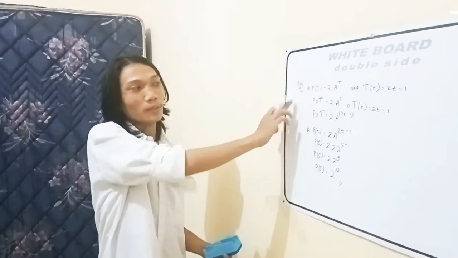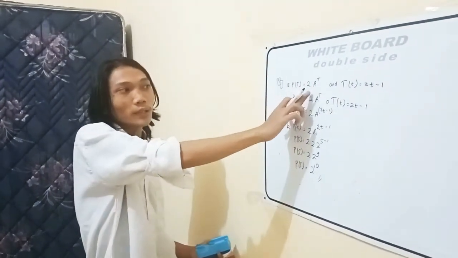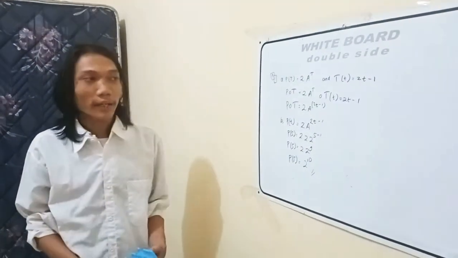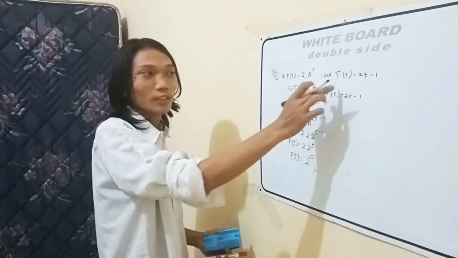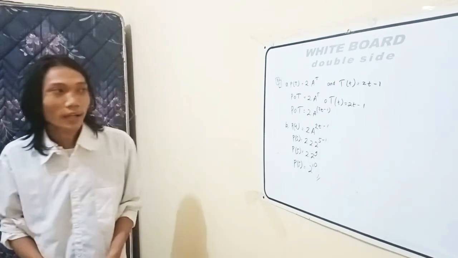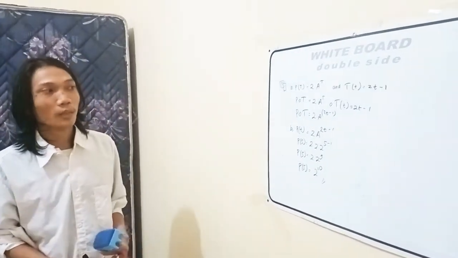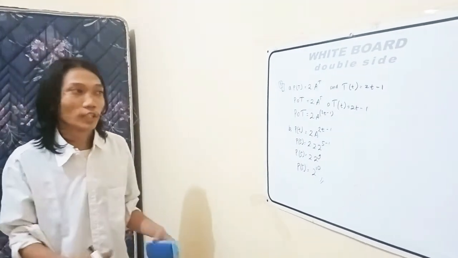From the problem, we know that function P(t) is equal to 2 times a over t, and function t(t) is equal to 2t minus 1. To solve the problem, we need to apply the composition function concept.